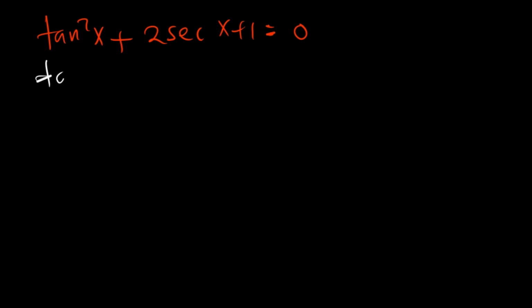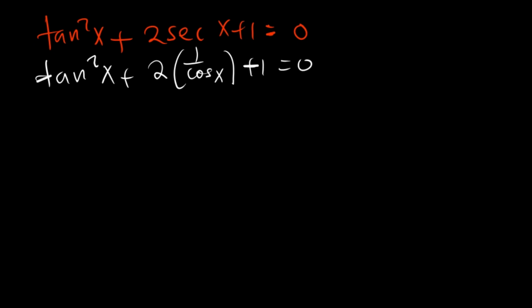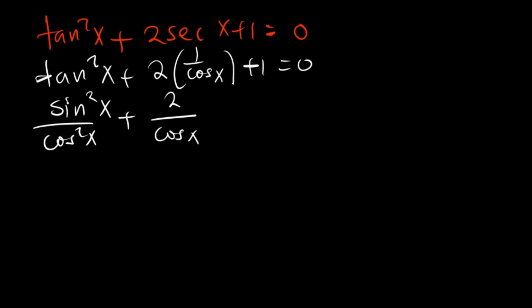So I have tan squared x plus 2 in the brackets 1 over cos x plus 1 is equal to 0. So I can write this so that I get rid of what? Tan. I can say this is the same as sine squared x divided by cos squared x. Then I have 2 over cos x plus 1 is equal to 0.